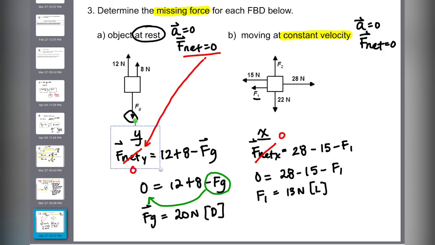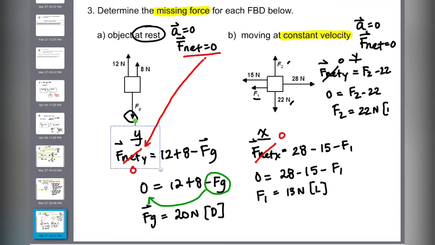I'm going to try to squeeze the y direction going up this way. Okay, y direction, there are 2 forces going along y. F net y is equal to up minus down. Since I know F net is 0, 0 is F2 minus 22. So I know that F2 has to equal 22 newtons going upward.